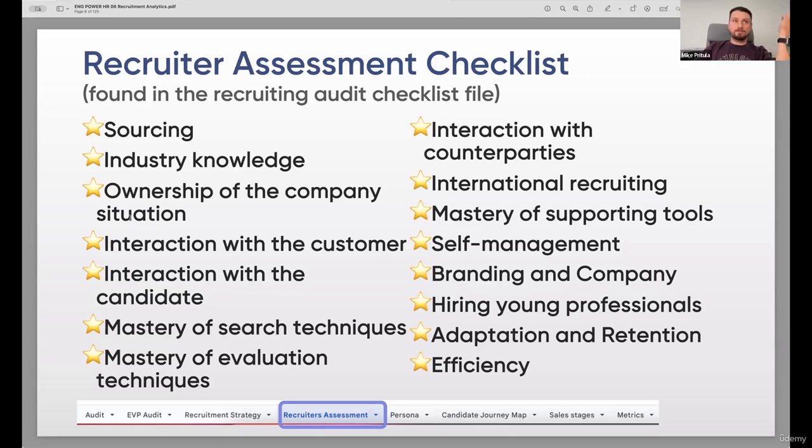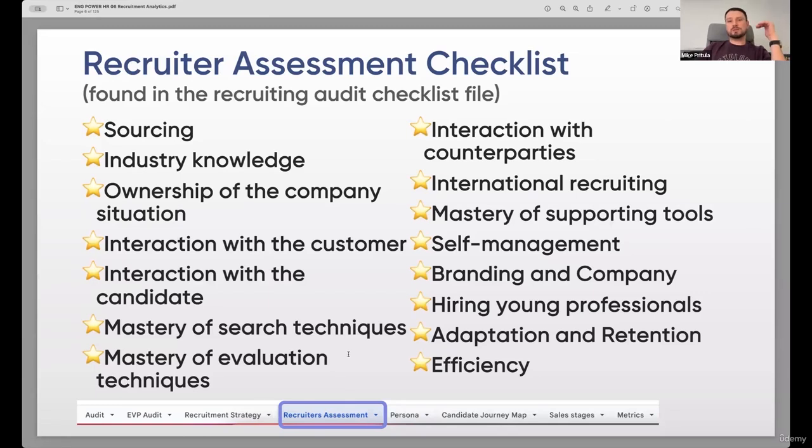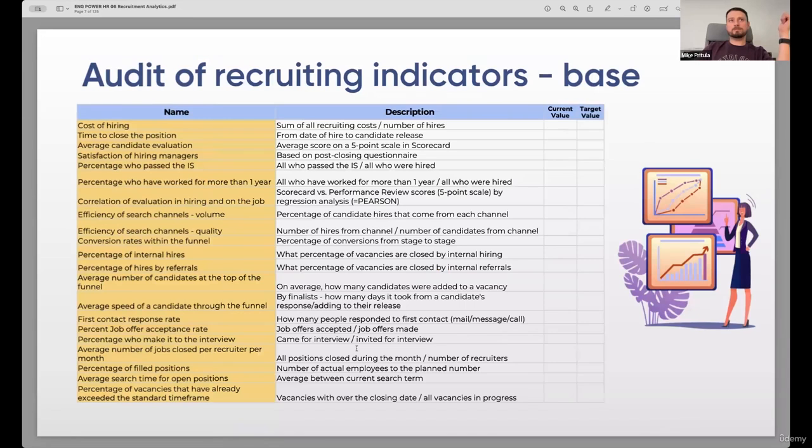And that's why you need to assess your recruiters, if they have all the knowledge that is needed to make your recruitment successful. So this is the list of all these competencies and knowledge, but also in the file we have the checklist that helps to assess your recruiters and to find their knowledge gaps, and to target these gaps with different trainings and courses.